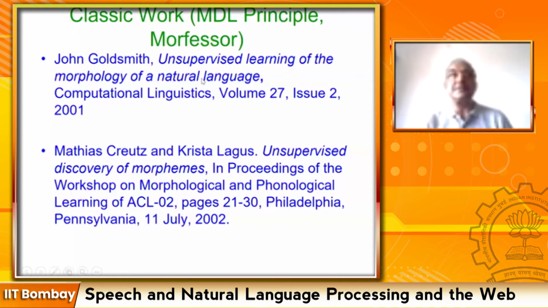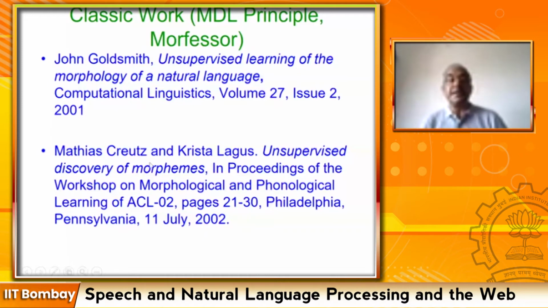This actually ushered in the machine learning approach to morphological analysis. So it is a must read for any student of natural language processing. I'll request the TA team to give this reference on all the 3 platforms. John Goldsmith, Unsupervised Learning of the Morphology of a Natural Language.